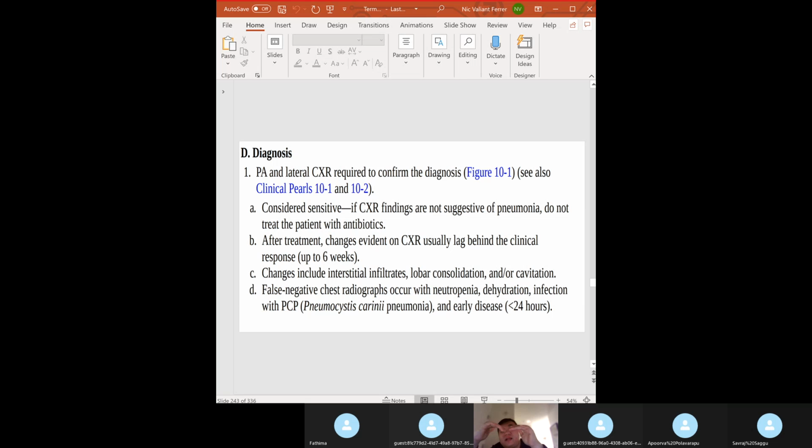So how are we going to differentiate LRTI and URTI? If nasal discharge, sore throat, and ear pain predominates, it's URTI, upper respiratory infection. And then if you suspect LRTI, lower respiratory tract infection, you need to differentiate between pneumonia and acute bronchitis.